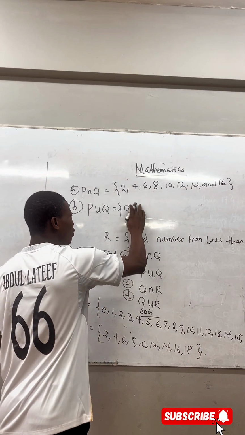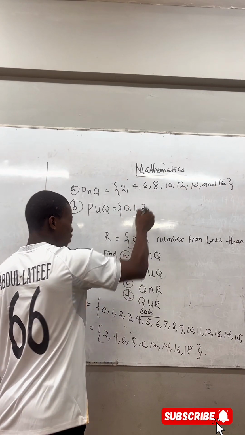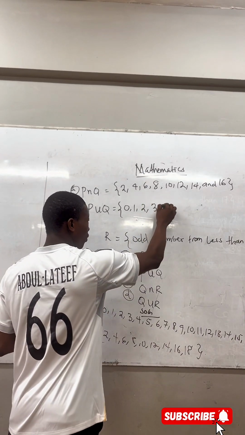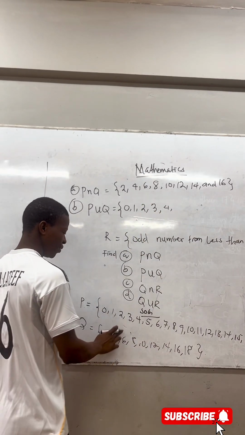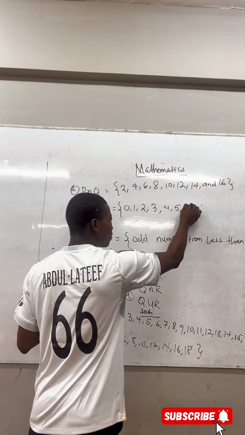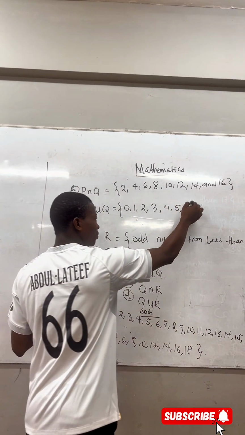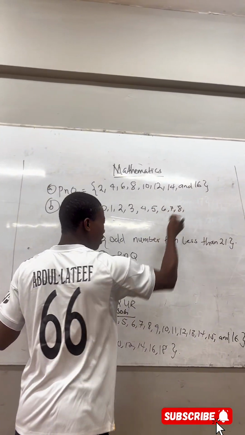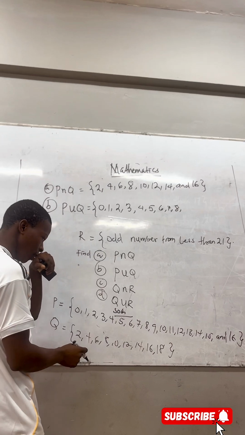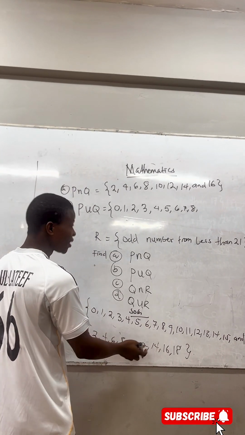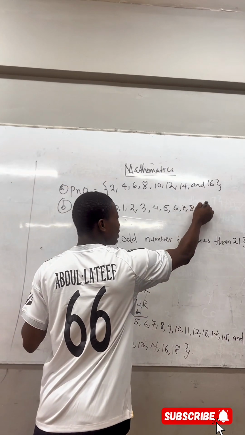We write one of the 2's. So we have 3, 4, 5, 6, 7, 8, 9.